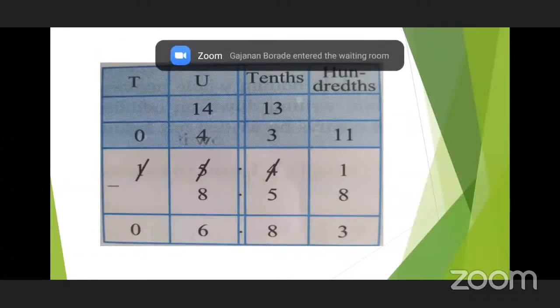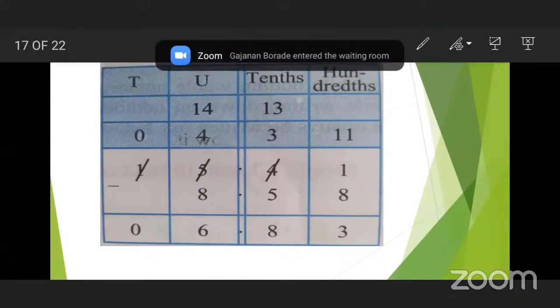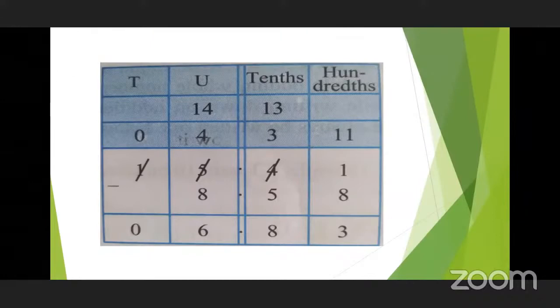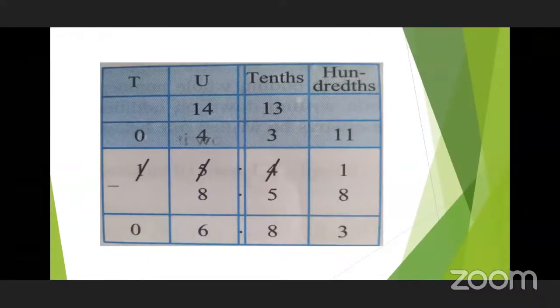Then 4 minus 8, we cannot subtract 8 from 4, so we will borrow 1 from 1. So 1 became 0. 14 minus 8 is 6. The final answer is 6.83.